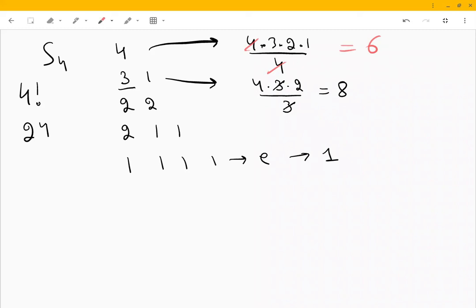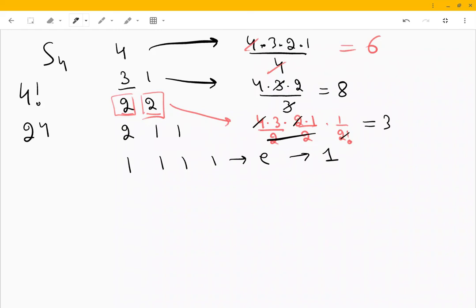Let's do the next one first. 2, 2. So we do 4 times 3 times 2 times 1. Now because there's a pair, we divide by 2, a pair, we divide by 2. And because these two cycles are of the same size, we divide by 2 factorial. Remember, this factorial is important. I'll explain it in a moment. Just bear with me. This 2 into 2 is 4, and this cancels out. So 3 elements.